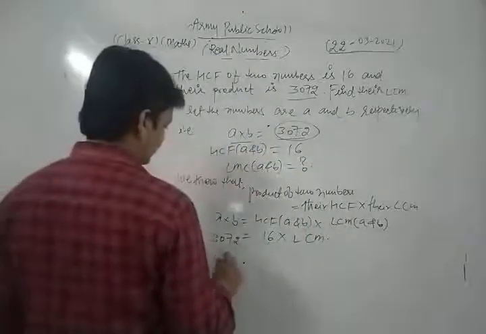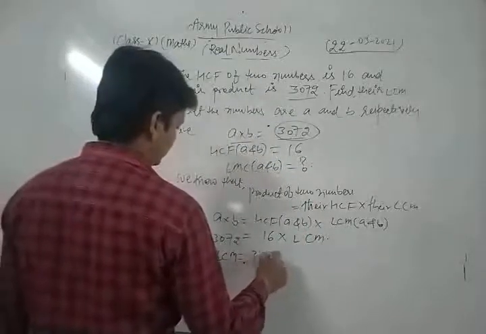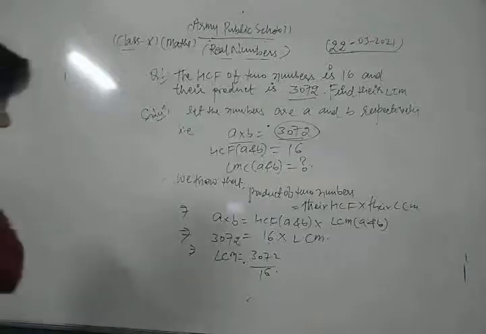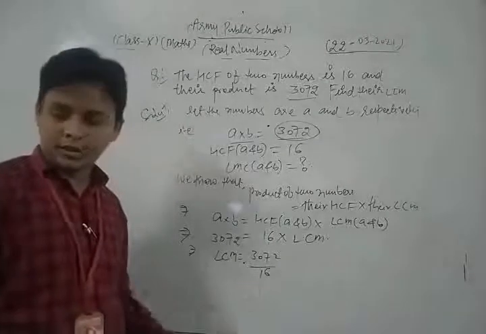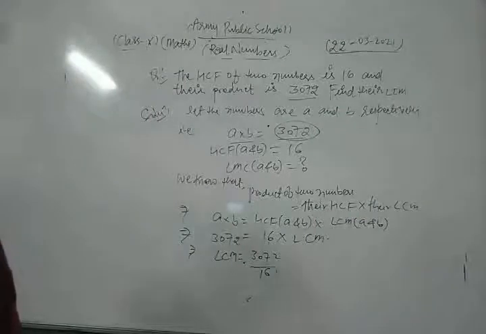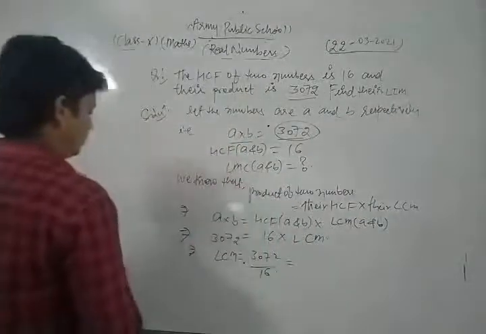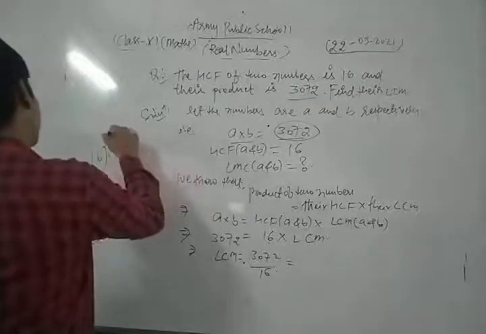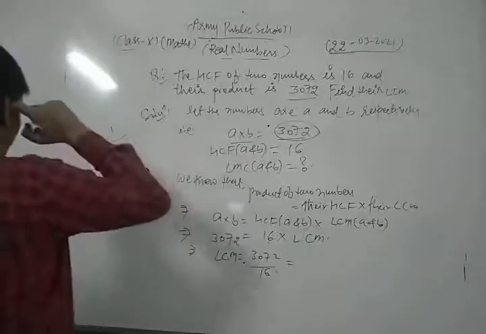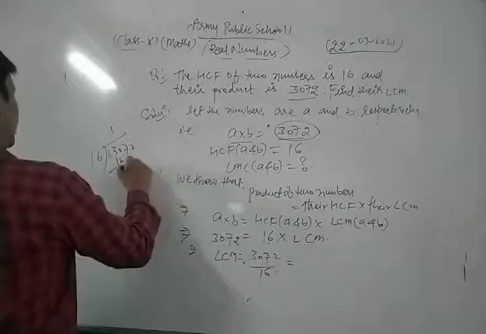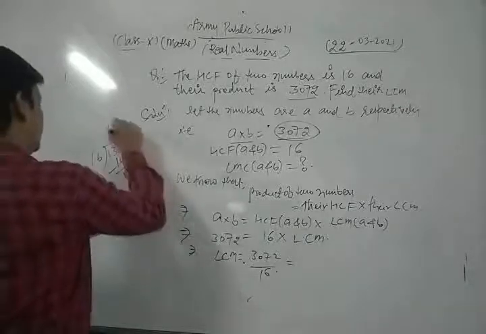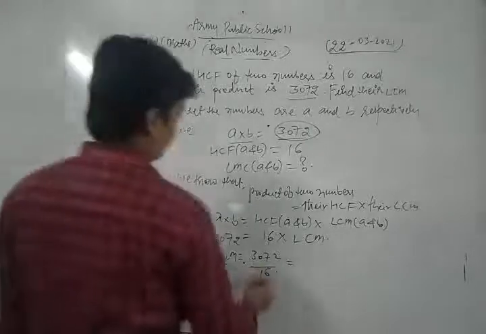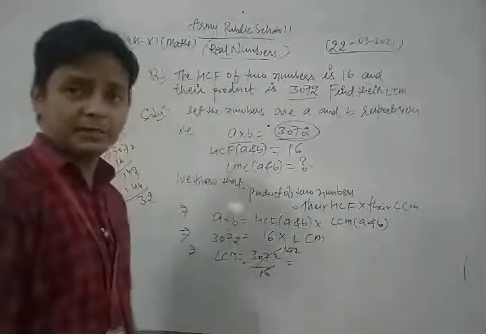Thus the LCM is 3072 divided by 16. Let's see what the sum is. Dividing 3072 by 16, we get 192.